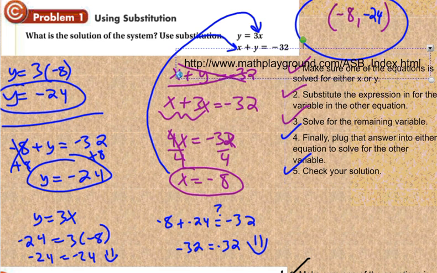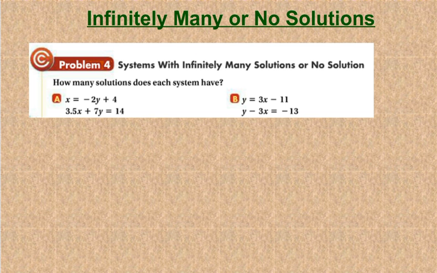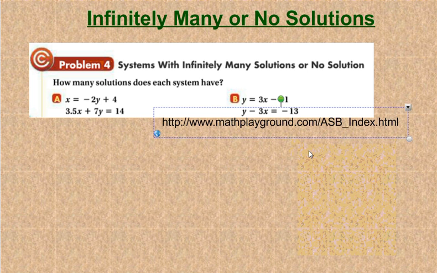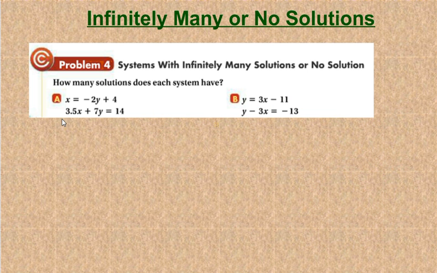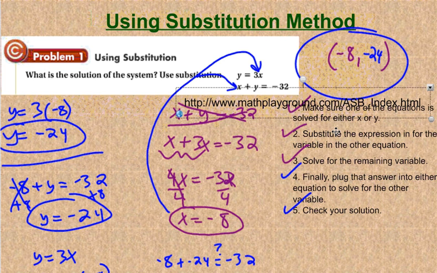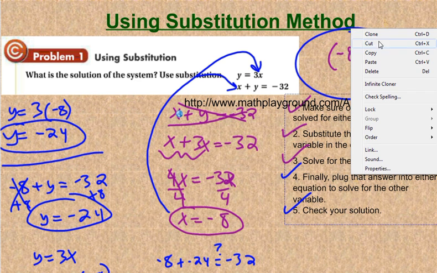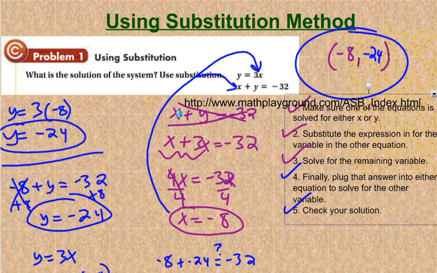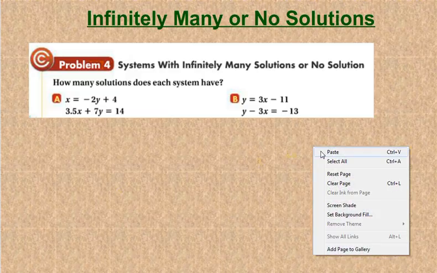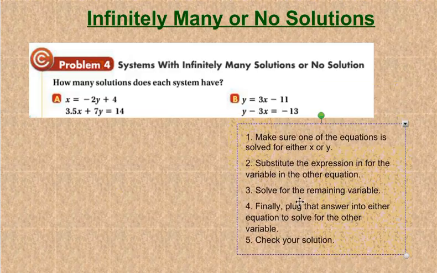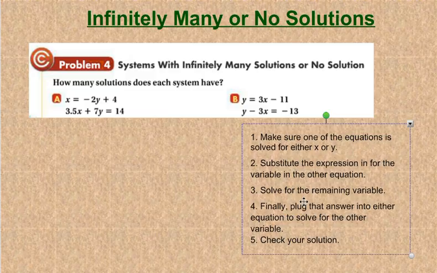What we're going to do is a couple of special situations. I'm going to give you two examples, and these are going to be infinitely many or no solutions. You may remember from back when we were originally solving equations, we would end up getting a number equal to a number, and the variables were gone.